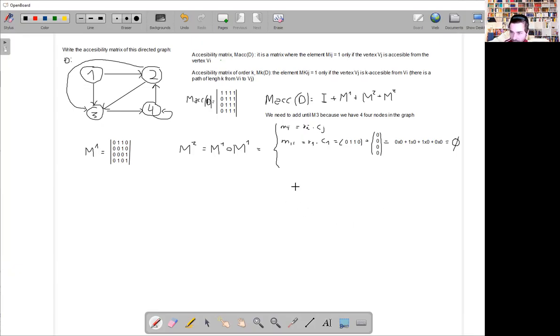Let's do another one just to see a different result, right? So for instance, the position 1, 3, right, which is equivalent to the first row multiplied by the third column.